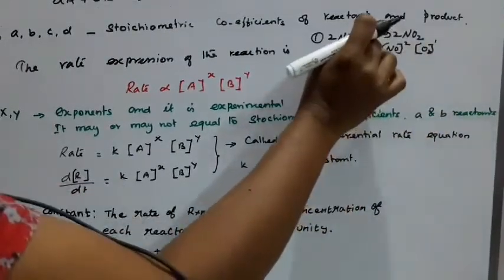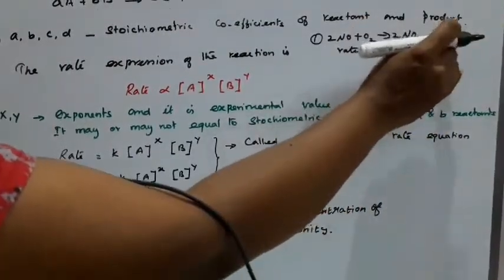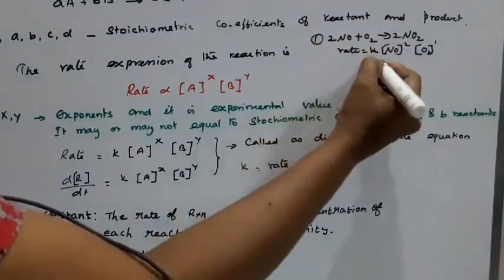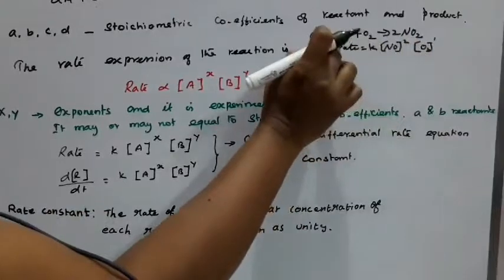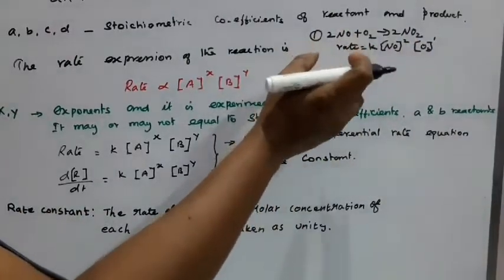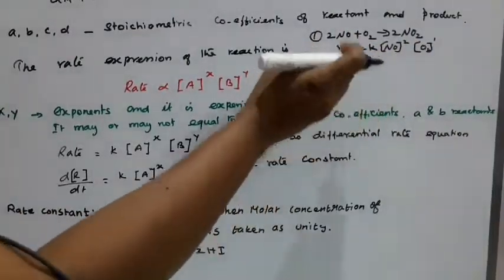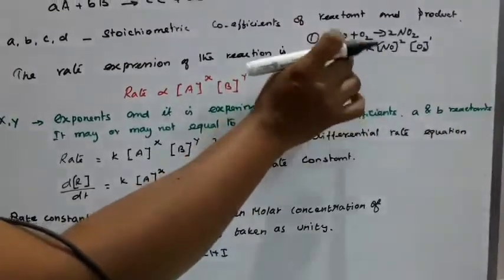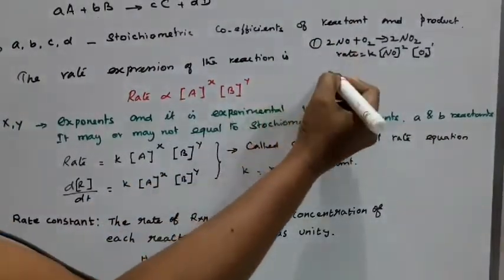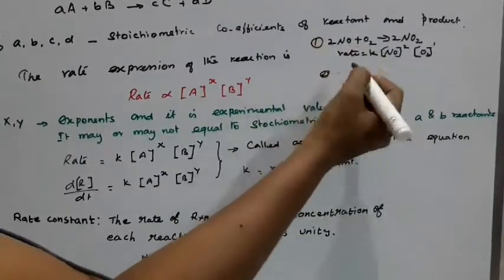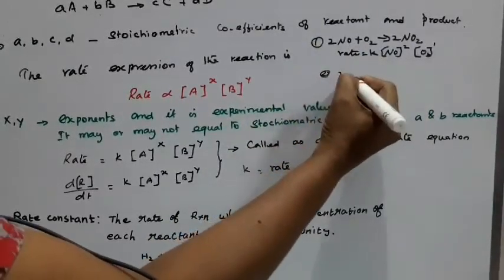The power is not written here, but we can assume it is 1. So the order is 2 plus 1, which is 3. Here also the coefficients sum to 2 plus 1, which is 3. So the order is similar to the coefficients, no problem.